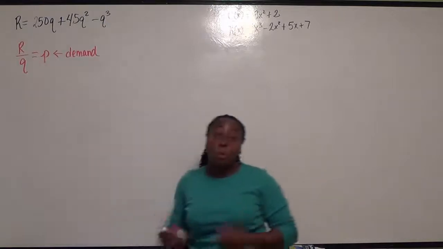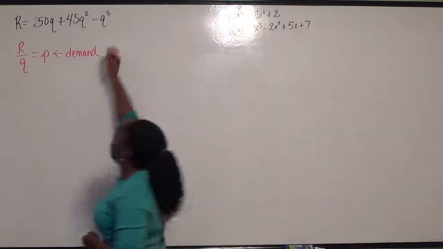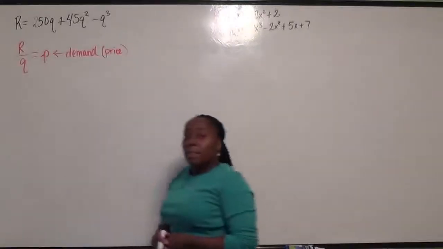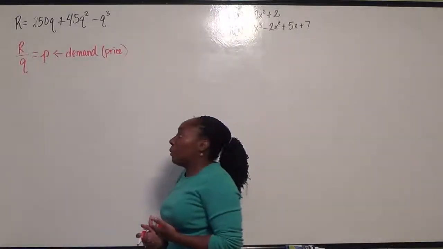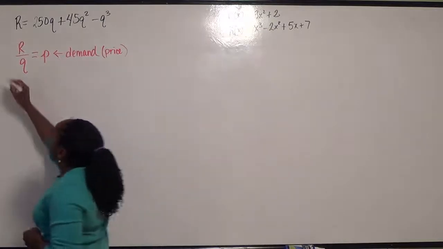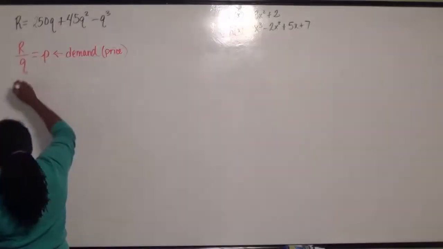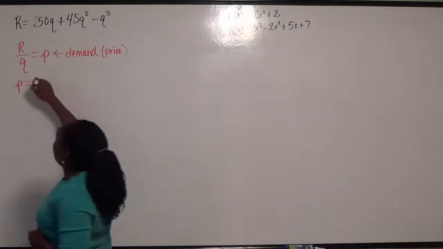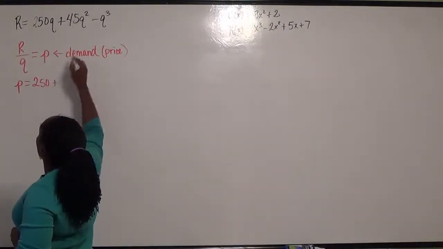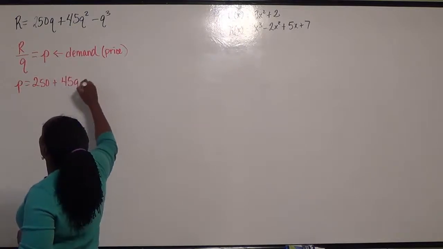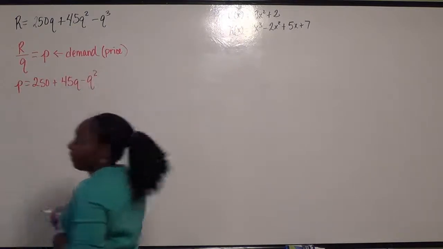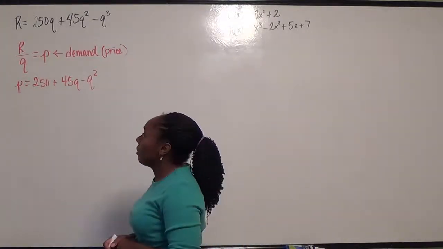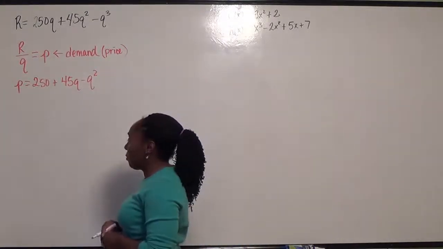So demand or price, if you want to think of it as price, this would be able to tell me my price per unit. So in this case, if I took R divided by Q, we would get 250 plus 45Q minus Q squared. And this would give me my price function for this particular revenue equation.